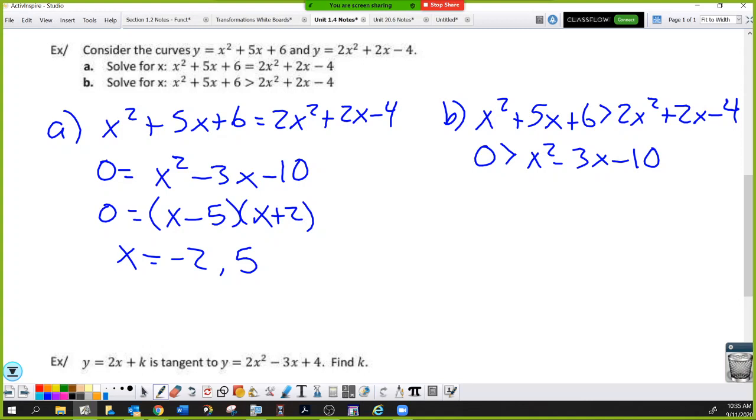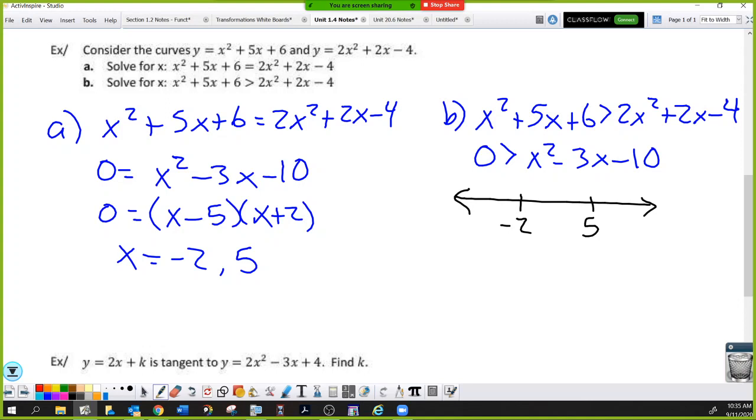You put your two solutions that you found on your sign diagram, and those two solutions were negative 2 and positive 5. And you test the three zones, and you're looking for the one where your parabola is negative, because negative numbers are smaller than 0. So you just throw a number like negative 3 in, and I'm going to be cheating a little bit.